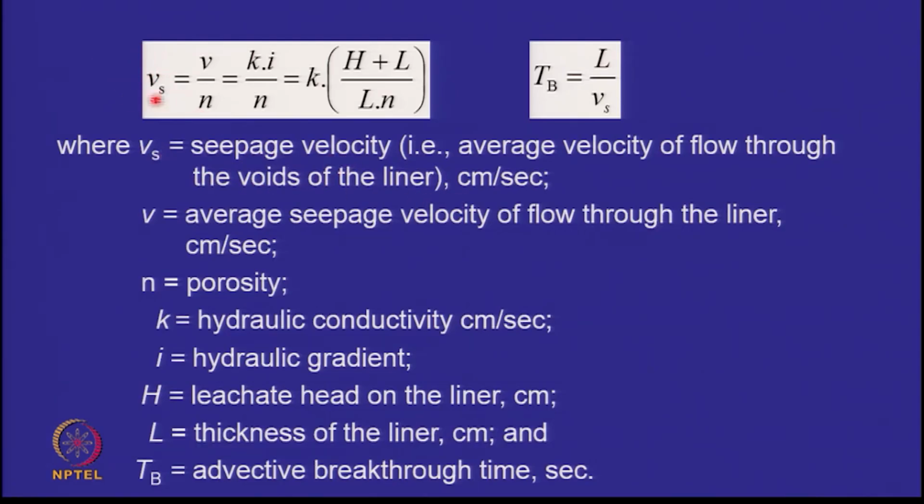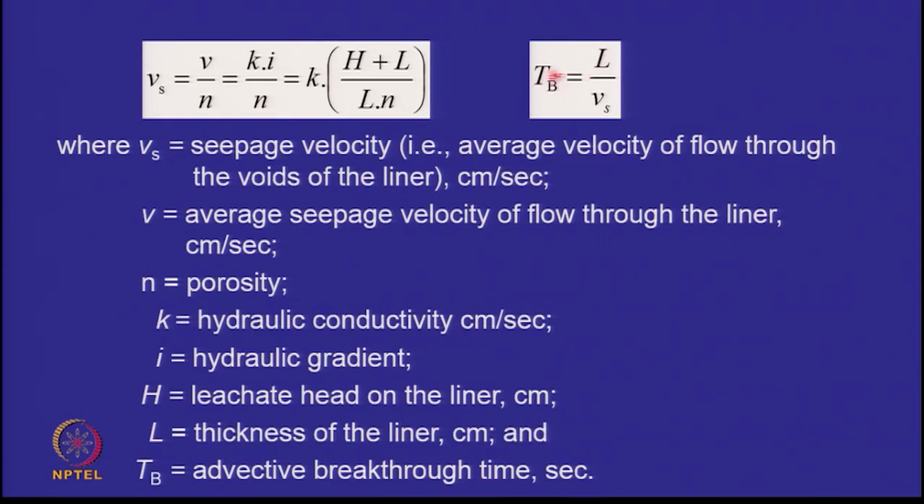So Vs is defined as the seepage velocity through the voids, which is nothing but V divided by porosity. So I can get the value of Vs. If I know the value of Vs, the leachate has to travel the length L, which is the thickness of the liner.